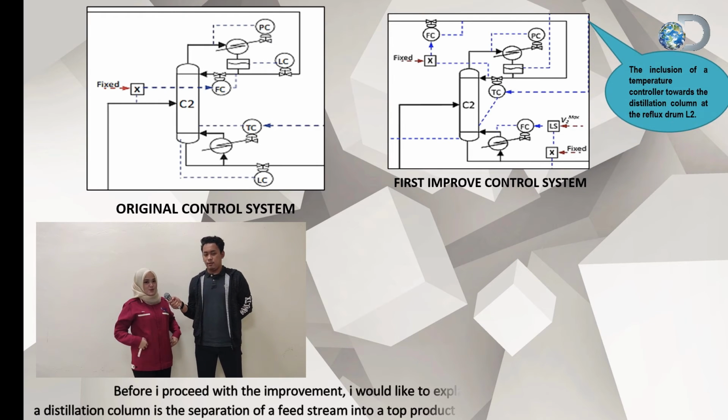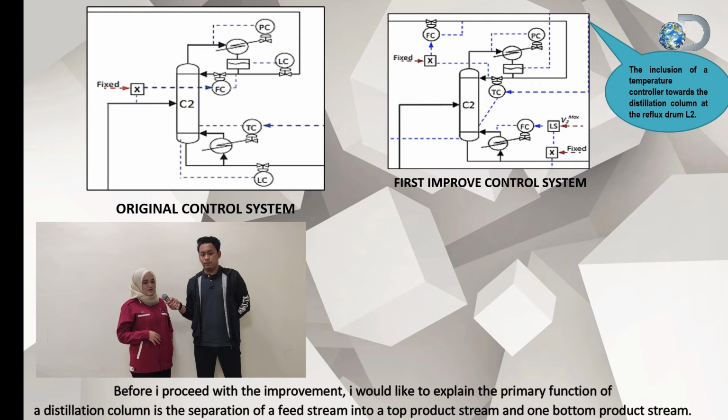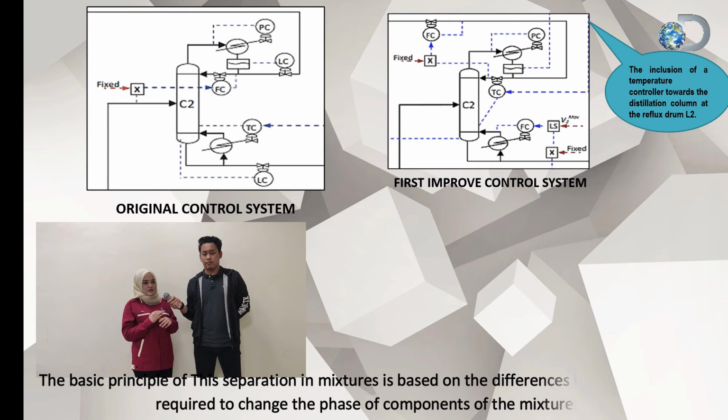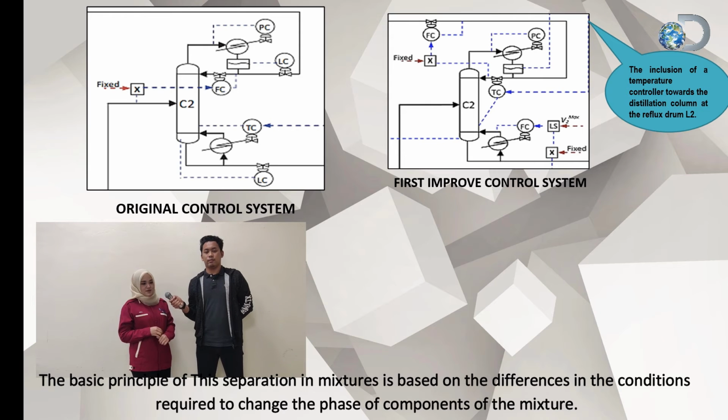Okay, before I proceed with the improvement, I would like to explain the primary function of the distillation column, which is the separation of a feed stream into a top product stream and a bottom product stream. The basic principle of the separation unit is based on the differences in the conditions required to change the phase of components of the mixture.